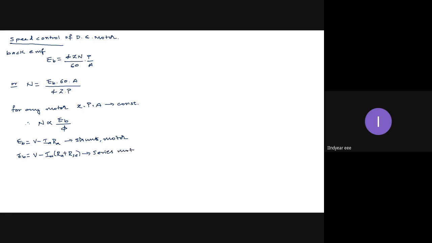Let us take, instantly, the series motor. Let me take a general value of resistance R. Let R equal R_a for shunt motor, and R equal R_a + R_ac for series motor.